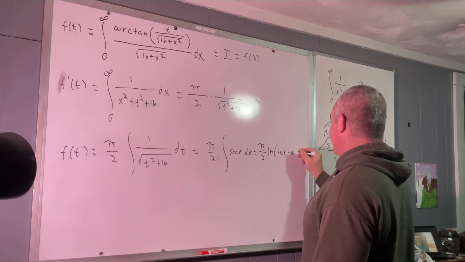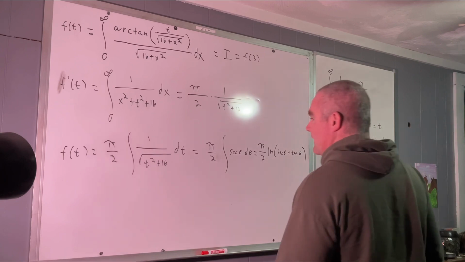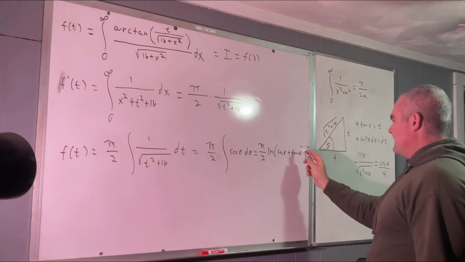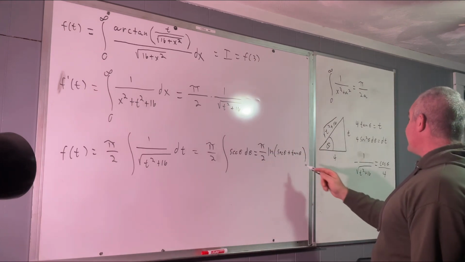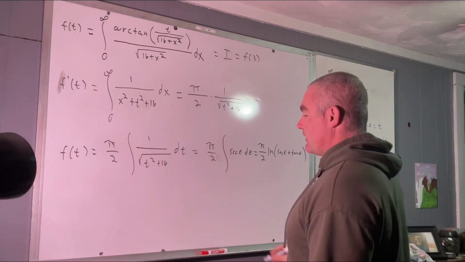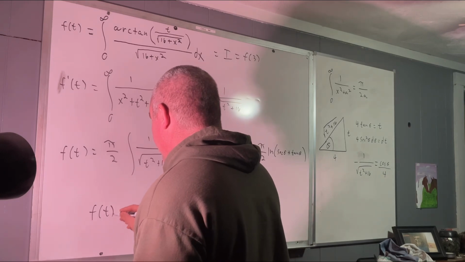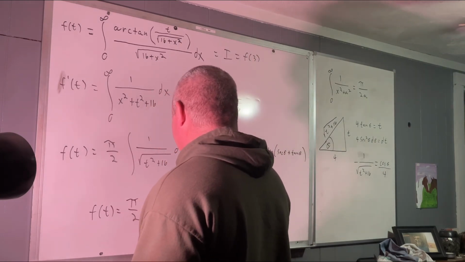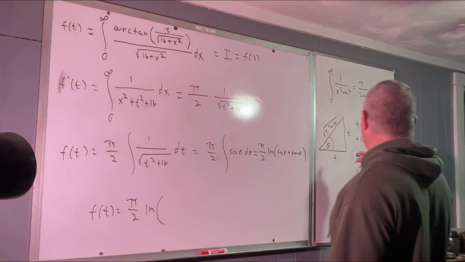But we want our f of t described in terms of t, so we need to resubstitute using our substitution over there. So that's going to give us f of t being equal to pi over 2 times the natural log of, well, let's see, secant theta.